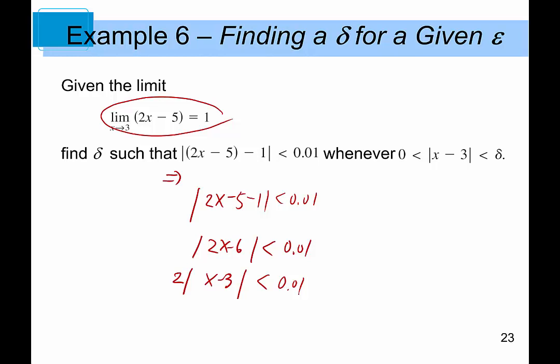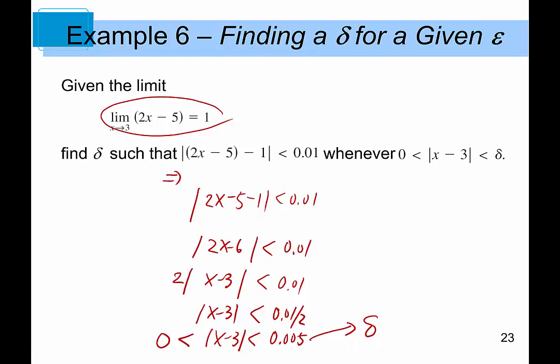So now divide both sides of the inequality by 2. The absolute value of x minus 3 is less than 0.01 divided by 2. So as you can see, that's 0.005. So this absolute value is definitely greater than 0, less than 0.005. And this is actually the delta we're looking at, right? So delta equals 0.005. So this is the algebraic way of finding the answer.